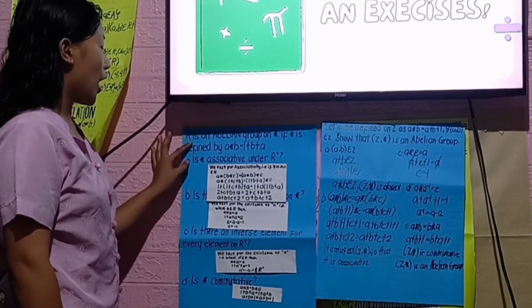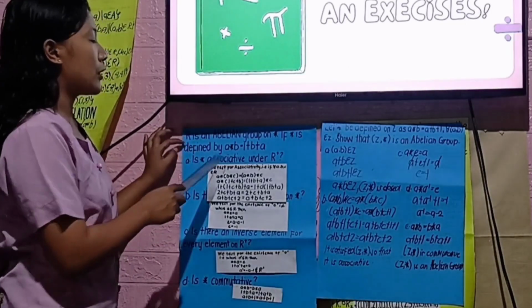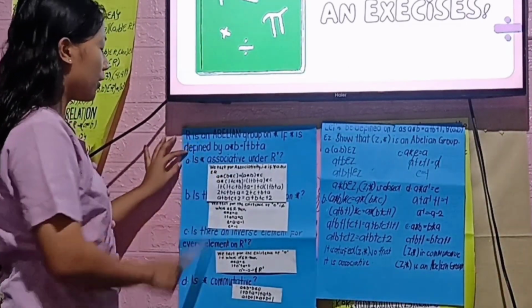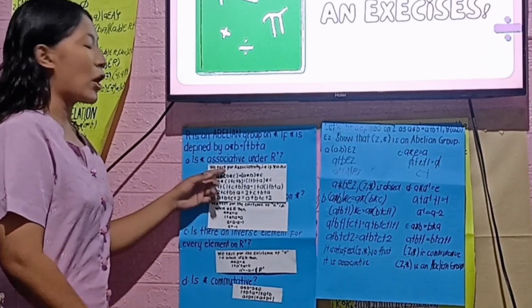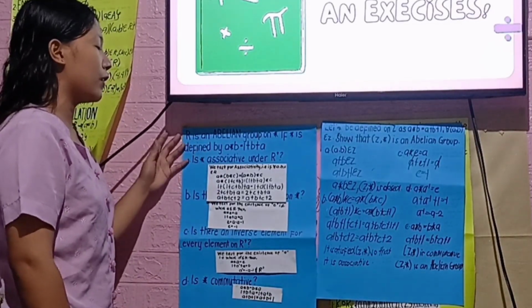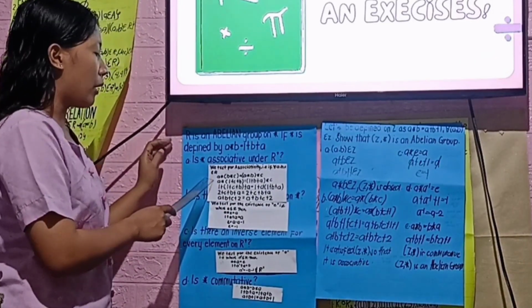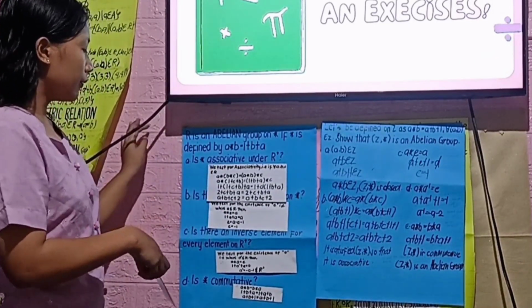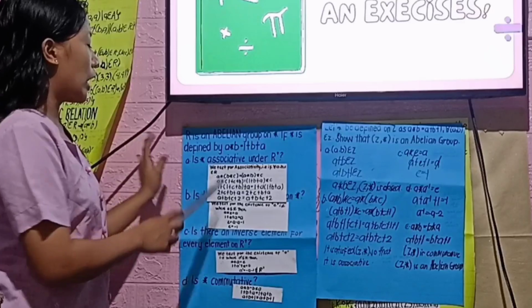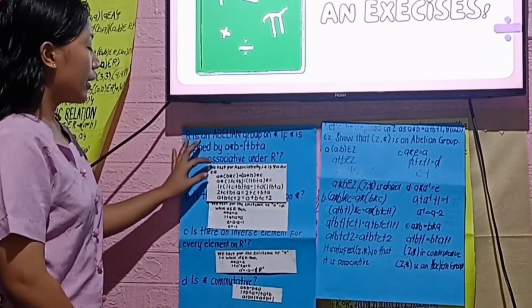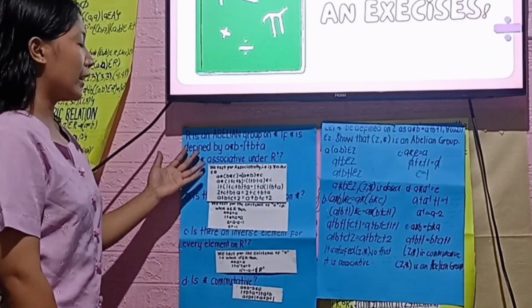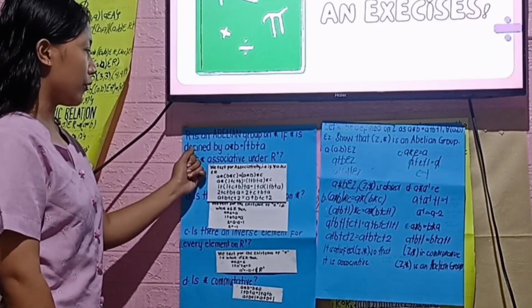In our letter A, is star associative under R positive? We test for associativity, for all A, B, C that are elements of R. For associative, we prove that it is associative.